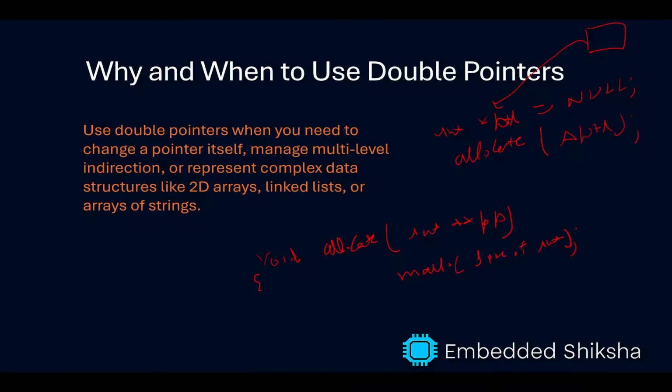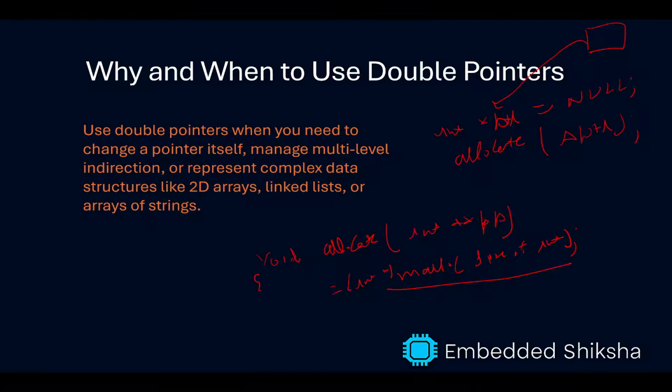When we allocate memory using size of integer, it returns a void pointer, but because we want to allocate this memory for an integer, we can typecast it to integer star. So this memory allocation now returns integer star, which is a pointer to an integer. We can store the address of this newly allocated memory into a pointer.